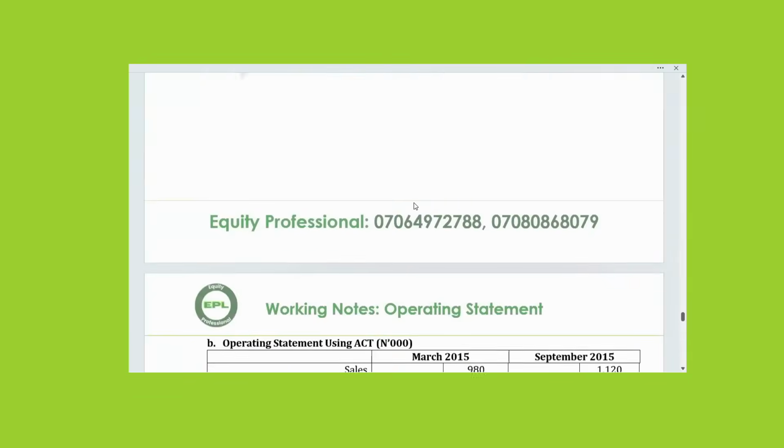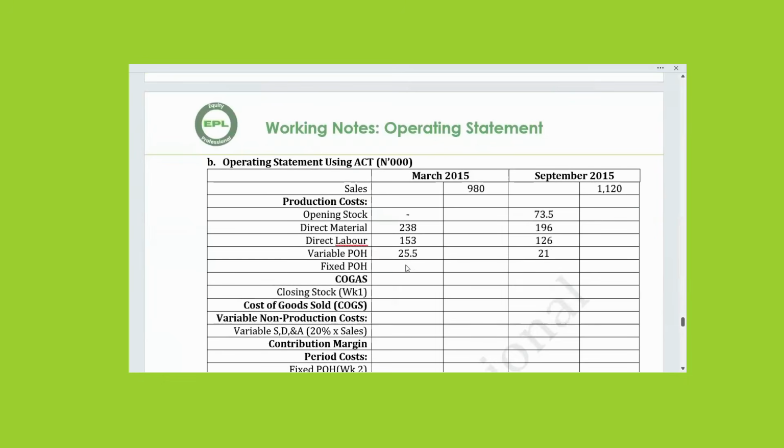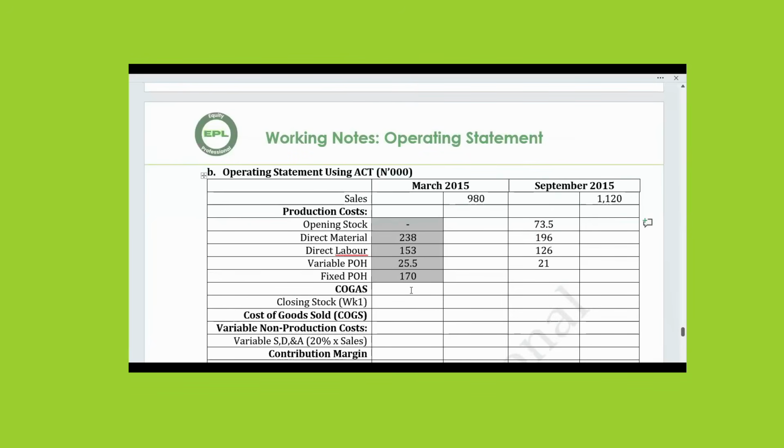What do you have? 170,000. So add it up. What do you have? 586.5.